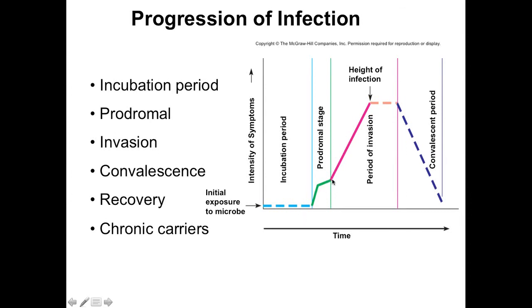Next you have your prodromal stage. Your prodromal stage is where you have a critical number of bacteria that can cause pathogenicity, but it's not the number needed to cause the actual infection or the symptoms associated with that infection. Instead, you get some symptoms, but they're different symptoms.